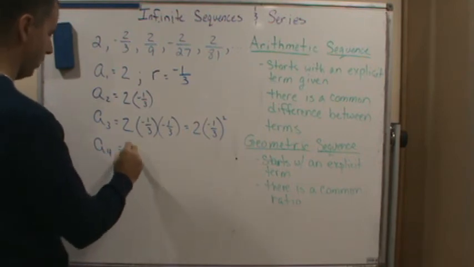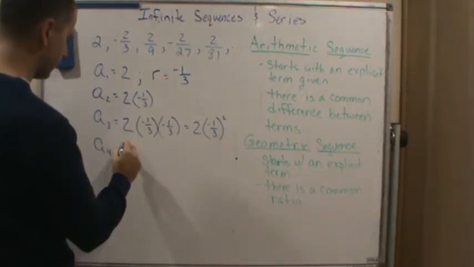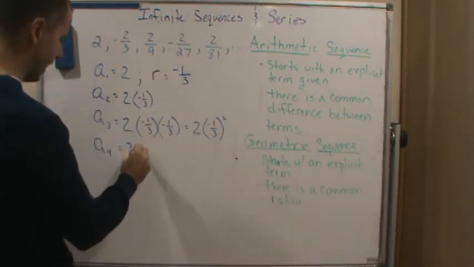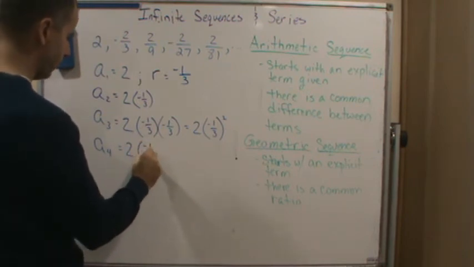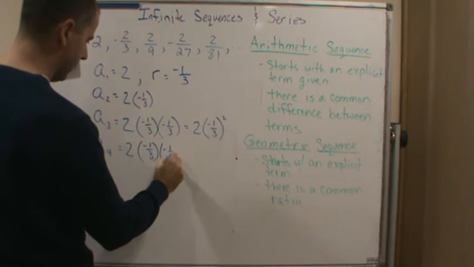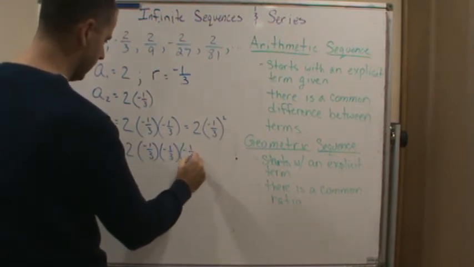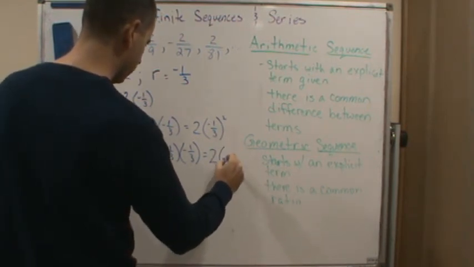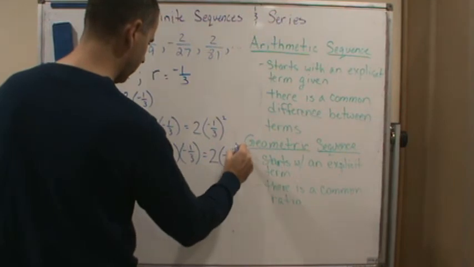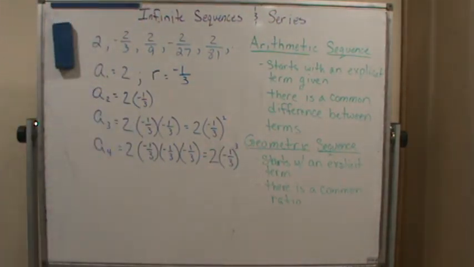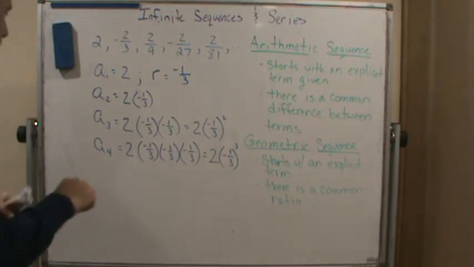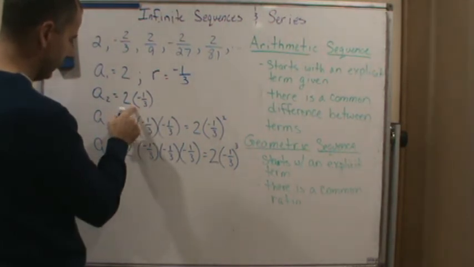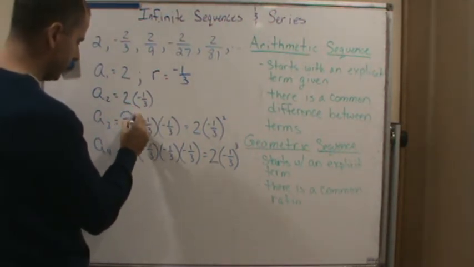Okay, so let's do one more. A sub 4. Well, that's negative 2/27, right? But we can pull the 2 out and we get negative 1/27, which is the same as negative 1/3 times negative 1/3 times negative 1/3, which we can write as 2 times negative 1/3 cubed. Okay, so recursively, we can define this as what? Look at this term here.